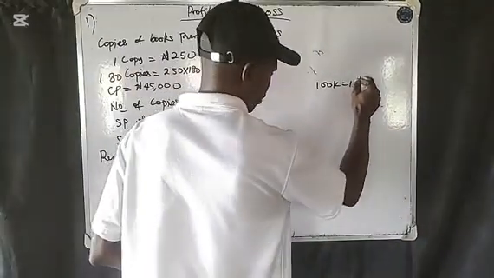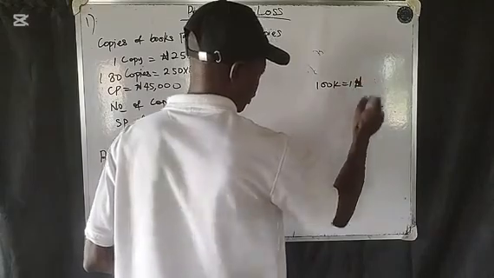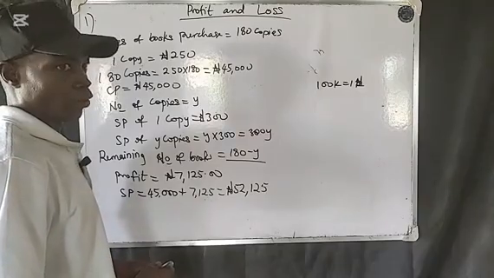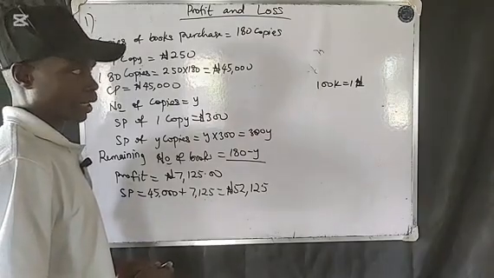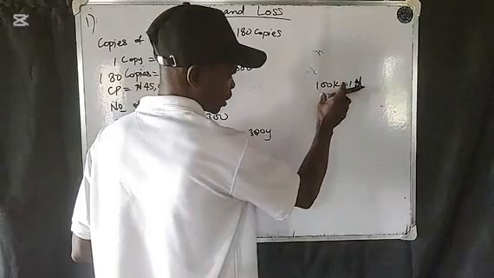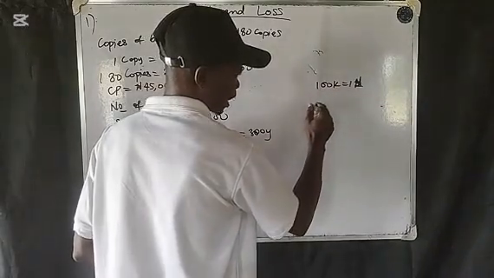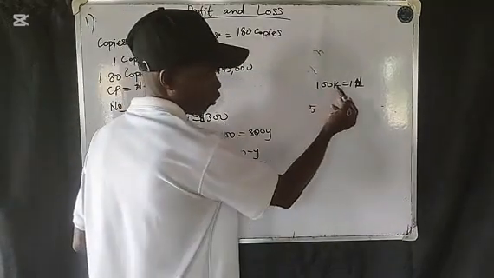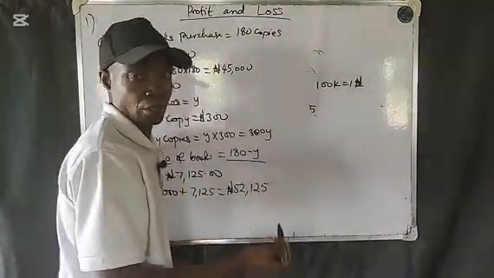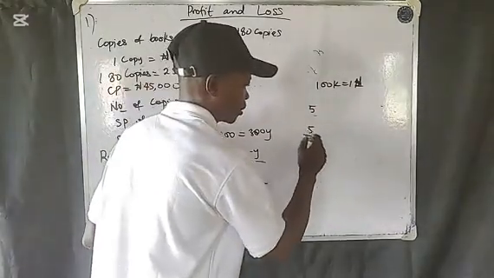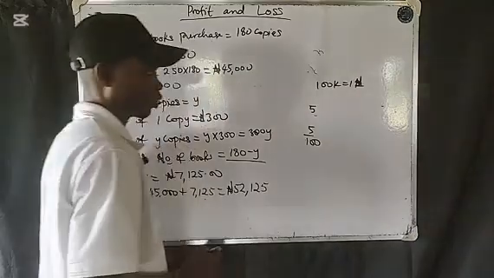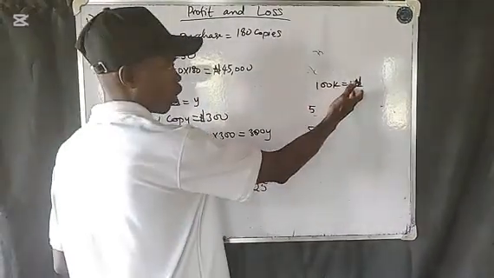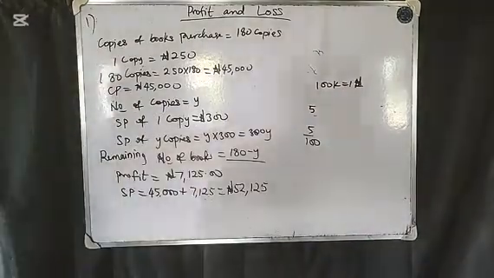If somebody sells something at a discount of 5 kobo in the naira, it means 5 out of 100, so a discount of 5% on every 1 naira, okay?